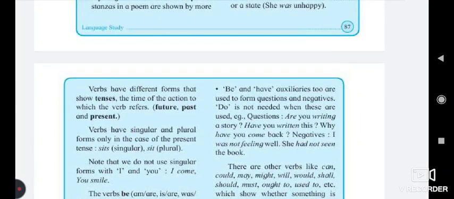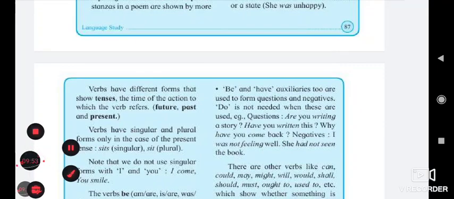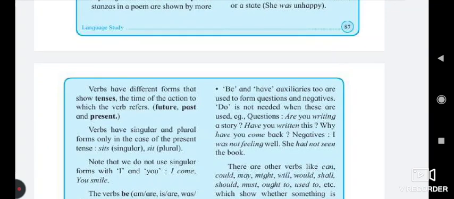The verbs have different forms that show the tenses, the time of the actions to which the verb refers. So here we have the three types of tenses, that is future tense, past tense, and present tense. The verb used in the sentence refers to these types of tenses.